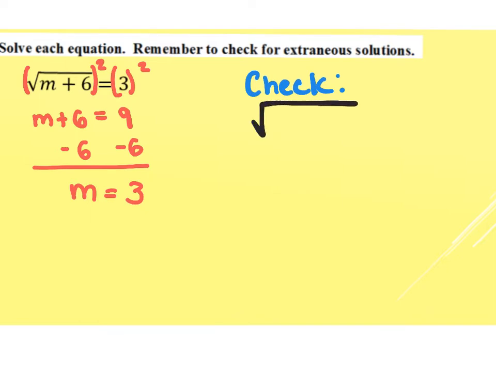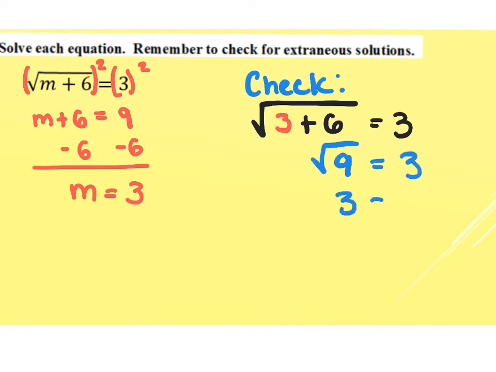So it's the square root of m, which we now know is 3, plus 6 equals 3. Now, if you simplify, 3 plus 6 gives you the square root of 9 equals 3, and the square root of 9 equals 3. So since 3 equals 3, that means that your answer is m equals 3.